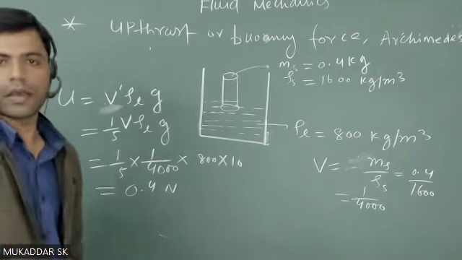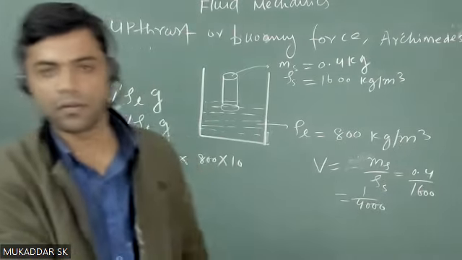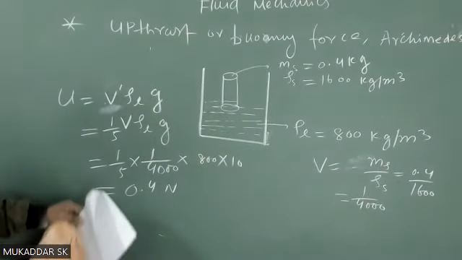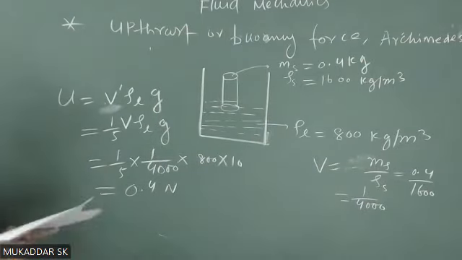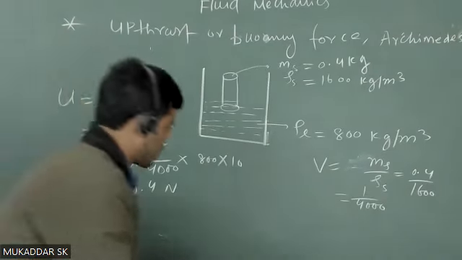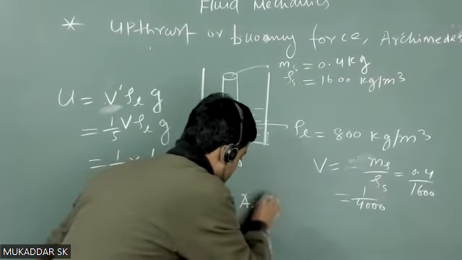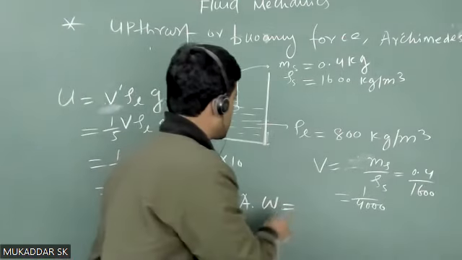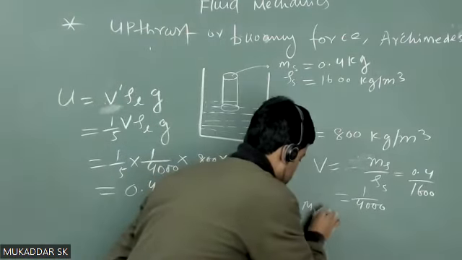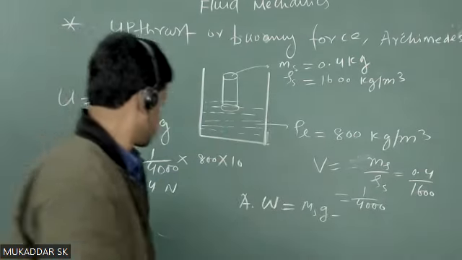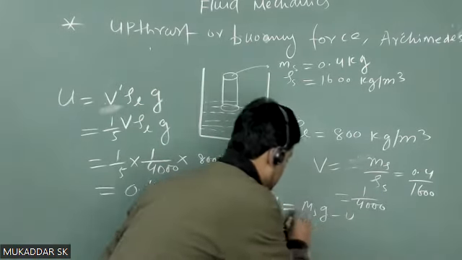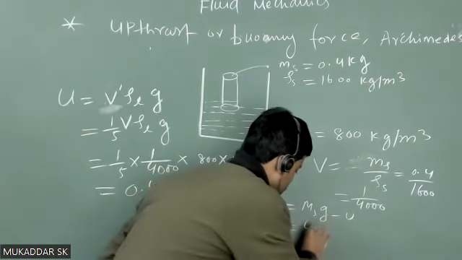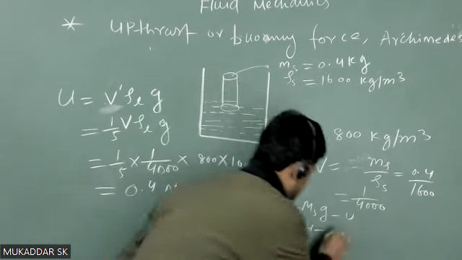Okay. So this kind of question is very trivial, and they may ask how much will be the upthrust or how much will be the apparent weight. So apparent weight will be nothing but total weight minus upthrust. So actual weight is ms into g minus u, right? ms is 0.4, and g is 10. 0.4 into 10 is 4, minus 0.4.